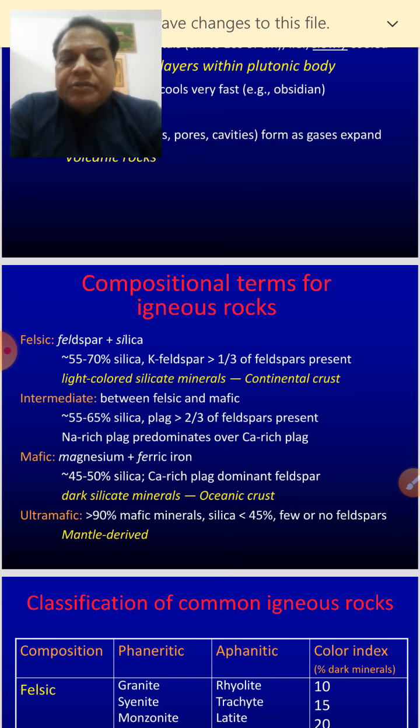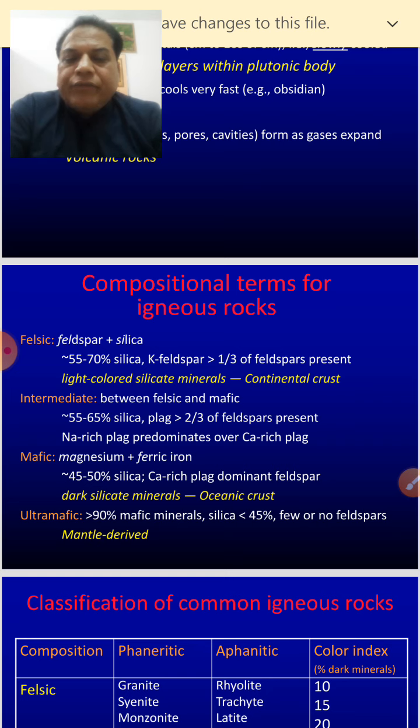The term intermediate means between felsic and mafic; here the silica content will be from 55 to 65%. Plagioclase dominates, two thirds of the feldspar present. Na-rich plagioclase is predominant over Ca-rich plagioclase. This is the character of intermediate rocks.